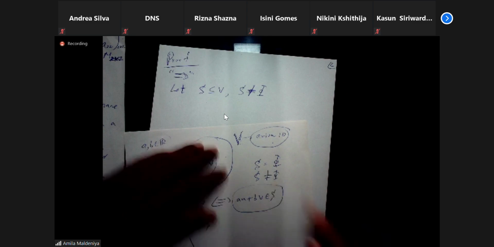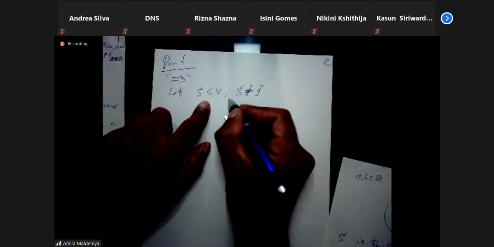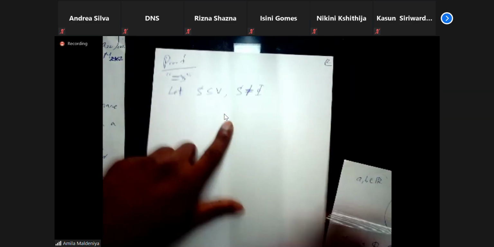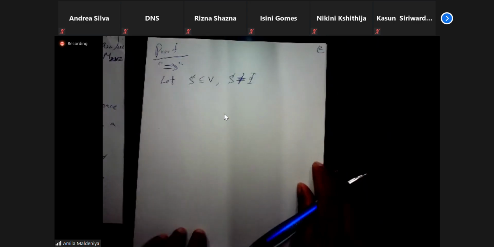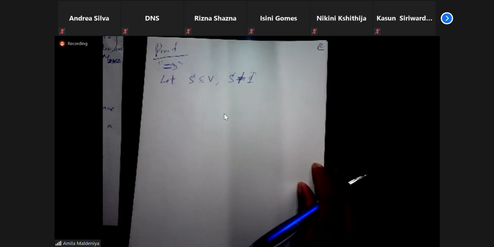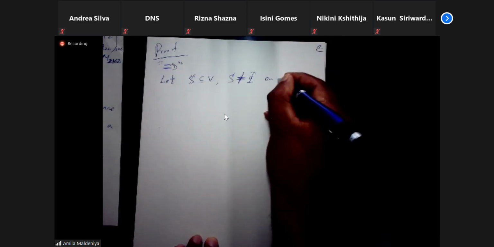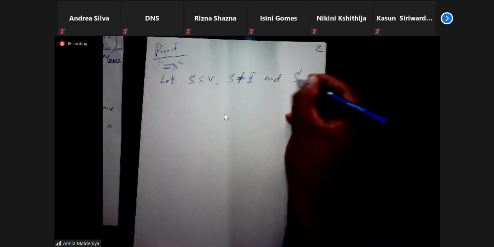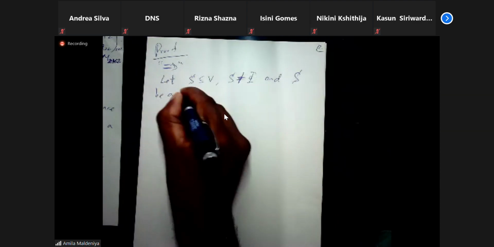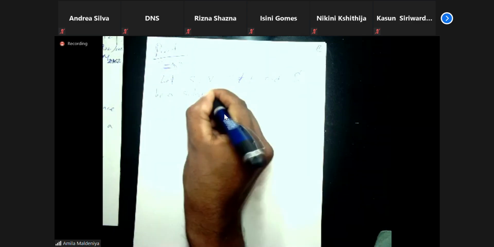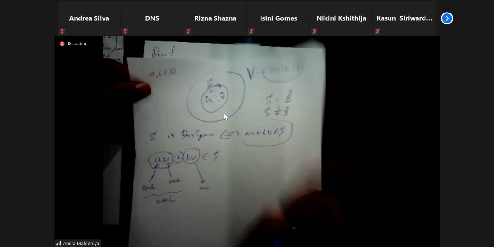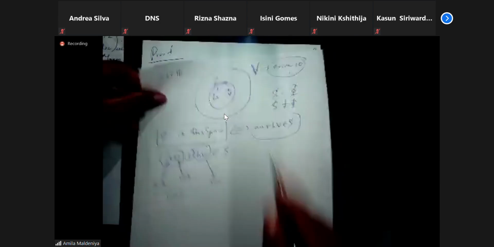So that means it has one element. So let S be such that it's non-empty and S be a subspace. Now which direction are we looking at? This one, no? Okay. So this is the proof.